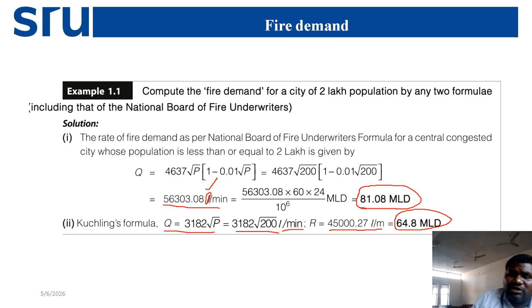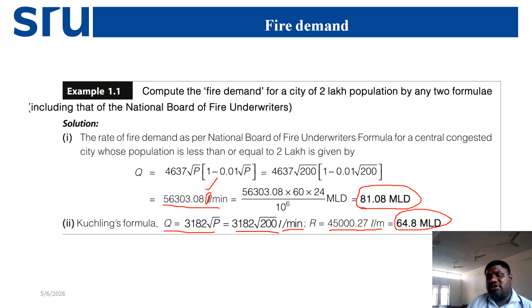For example, if the population of a city is given as 5 lakhs, then the P value should be 500. If it is given as 10 lakhs, the P value should be 1000. Like this we substitute the values, and the final Q value comes in liters per minute.